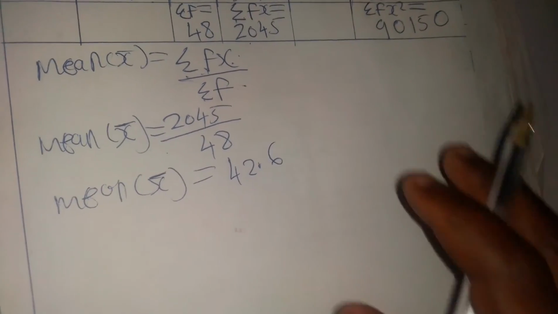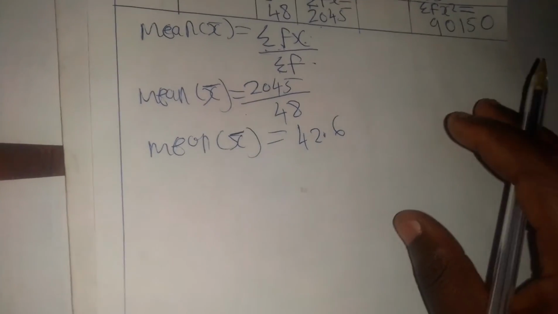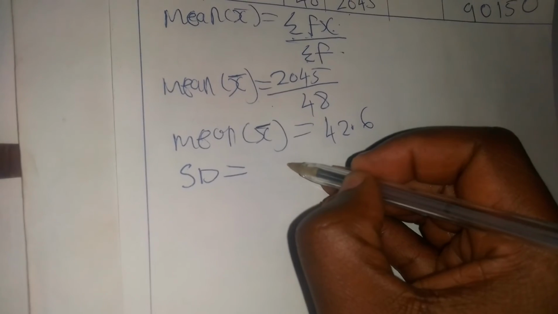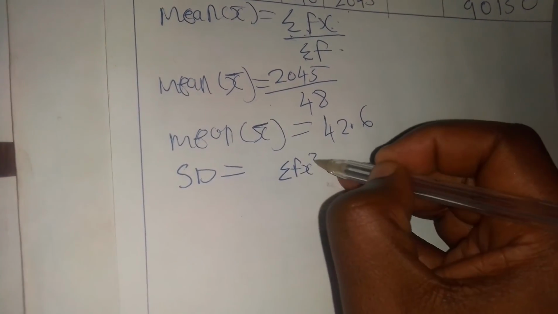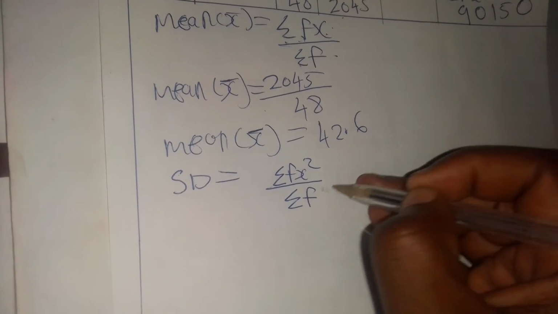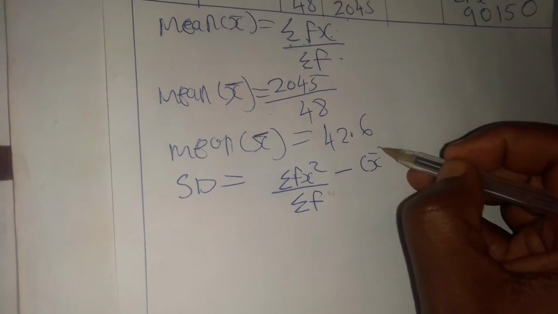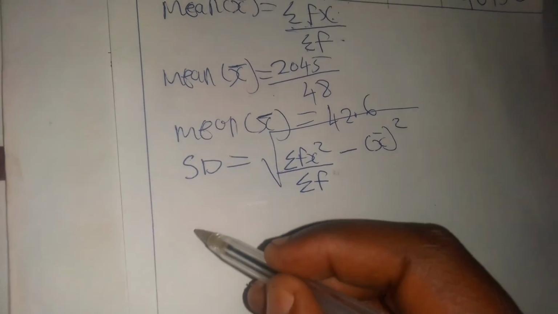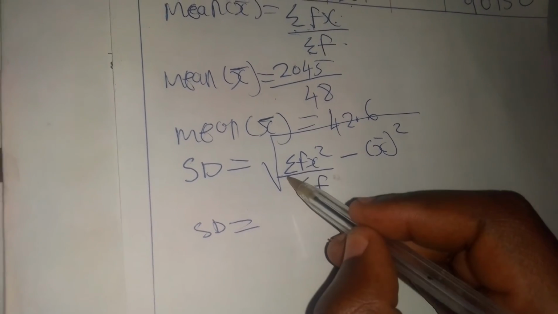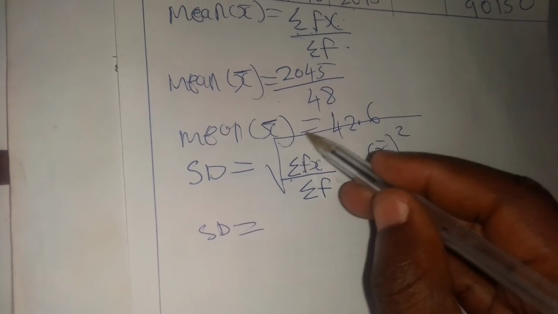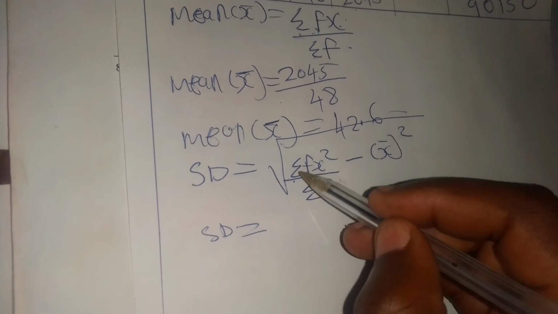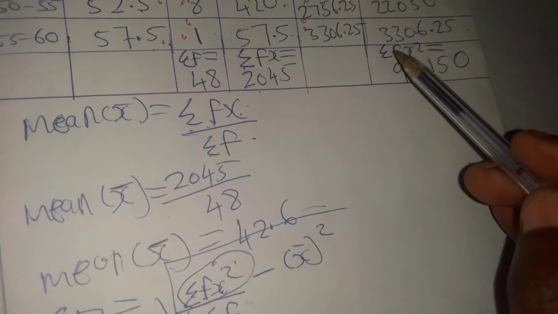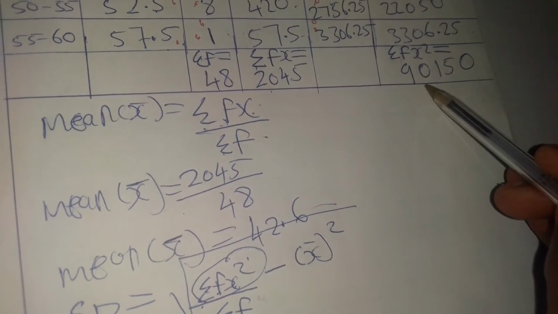Finally, after finding the mean, now we can find the standard deviation. So we say standard deviation is equal to the square root of summation fx squared over summation of frequency, minus mean squared. These are in the bracket. So summation fx squared, you can find it here, the way it is.